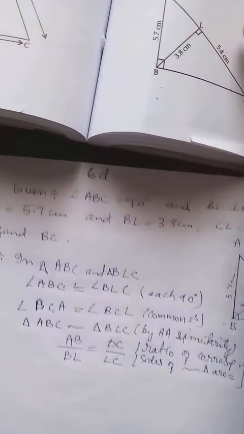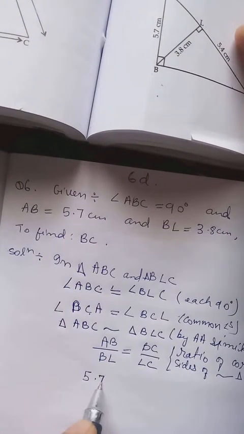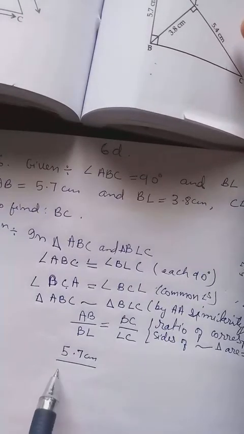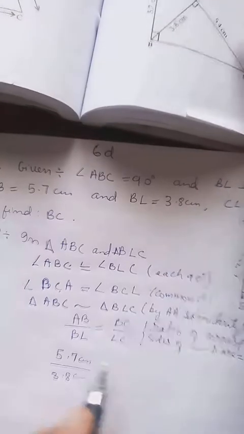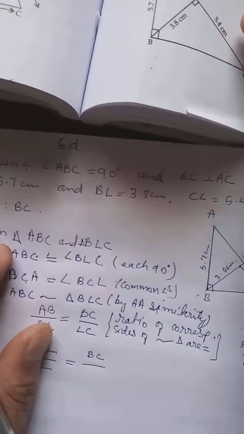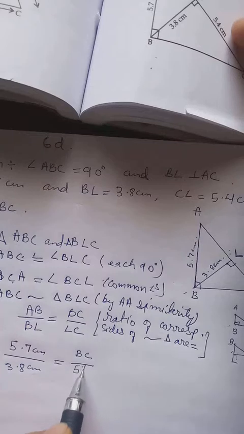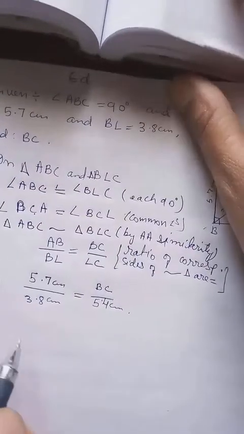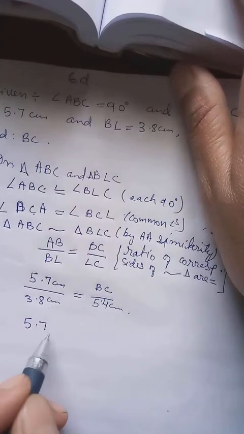Now AB, we know the value 5.7. BL we know 3.8 cm. BC we still have to find. LC or CL same, we have 5.4. We want BC, so this one we can cross multiply to that side. Centimeter, centimeter cancel.